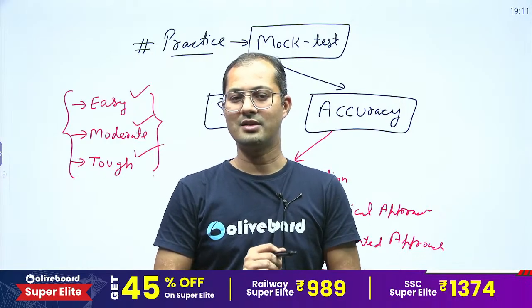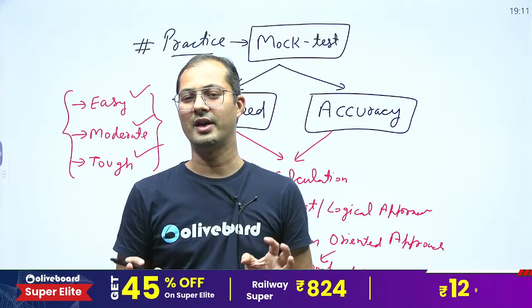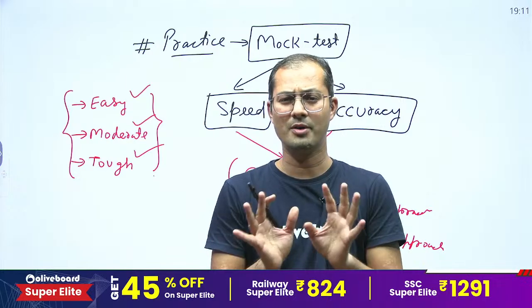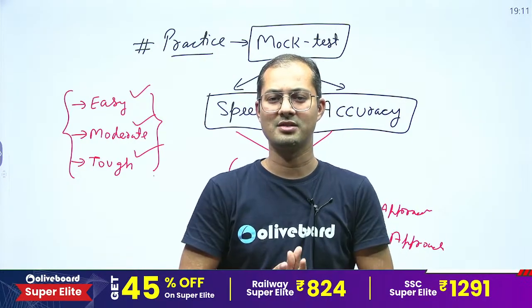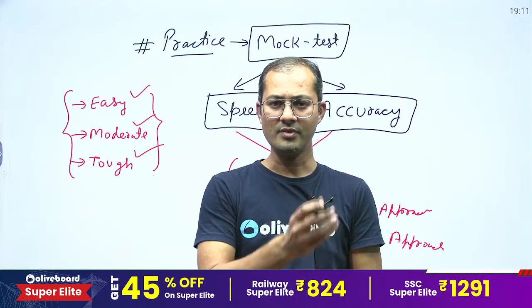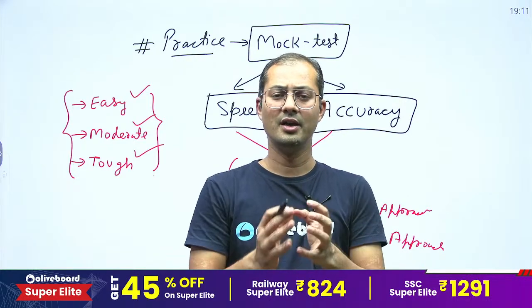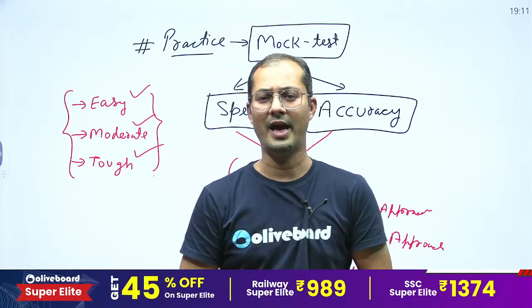So you can achieve 90 out of 90. It is not a big task. What you need to do is just give more and more practice. The more practice you take, the more confidence you will have.